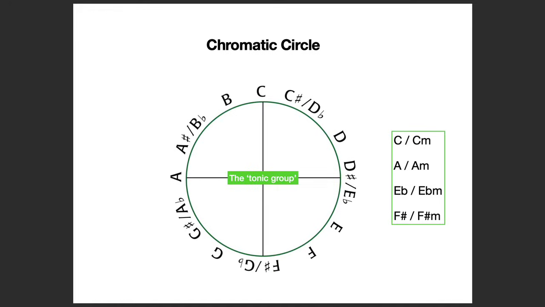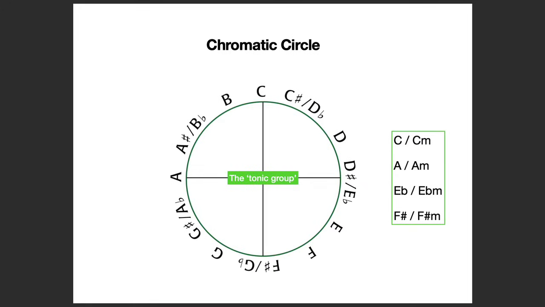As we saw before, C major belongs in a group of 8 keys or chords: C major, C minor, A major, A minor, E flat major, E flat minor, F sharp and F sharp minor. And looking at them on the chromatic circle, you can see this X. This is the axis here. So C is opposite F sharp, that's a tritone, and then a minor third away from E flat and A major, who in turn are a tritone away from each other.